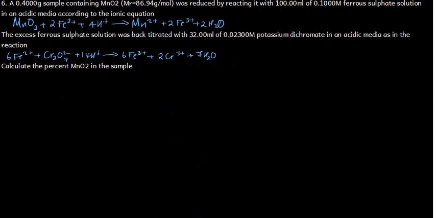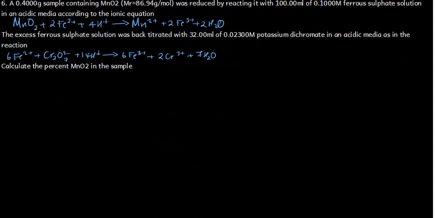The excess ferrous sulfate solution was back titrated with 32.00 milliliters of 0.023 molar potassium dichromate in an acidic media as in the reaction shown. Now I want to calculate the percent of manganese dioxide in the sample.